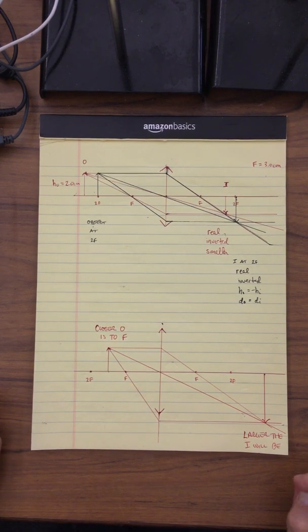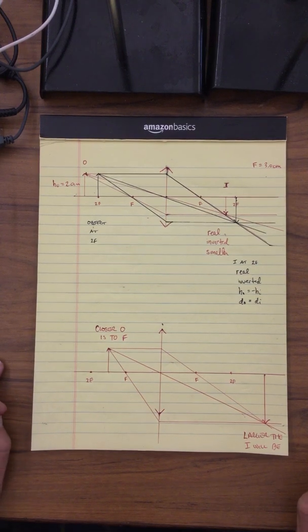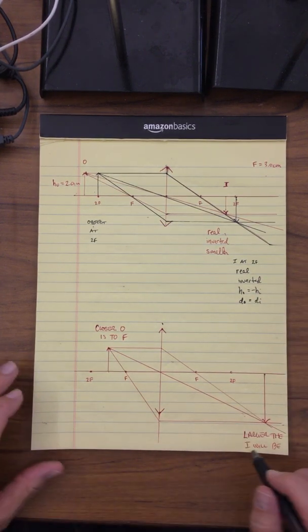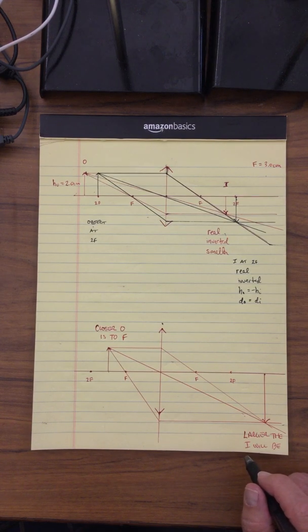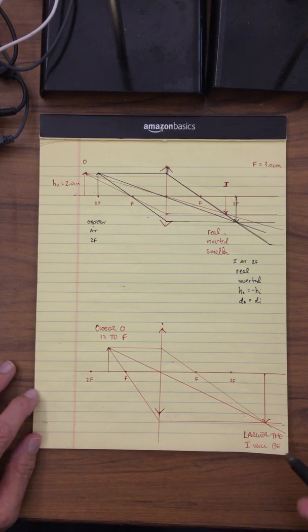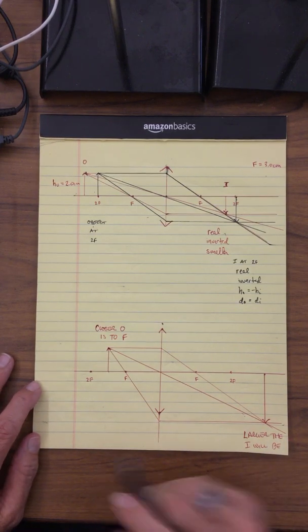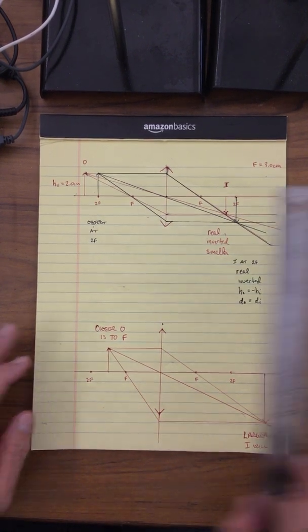Now, if you remember, when we had a concave mirror and we hit the focal point, that's when our image became inverted. And the same thing happens here. What I want to do is show you what happens when it's actually at the focal point.